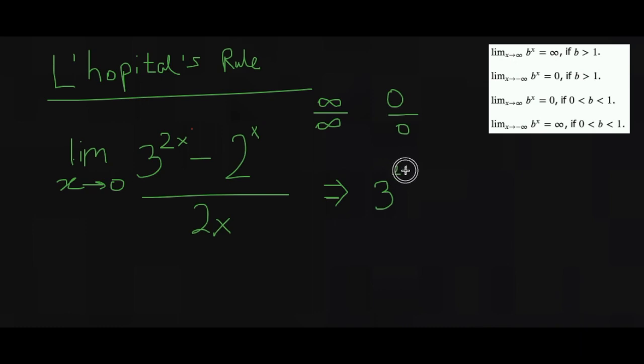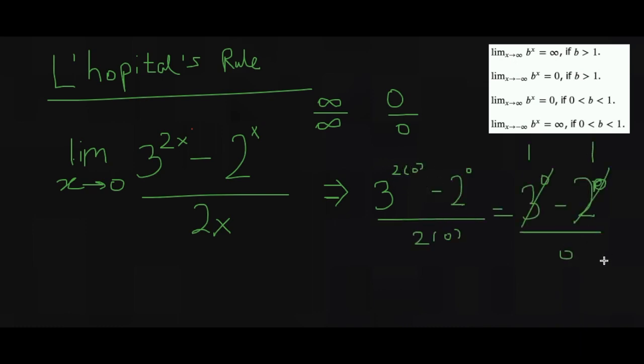So 3 to the 2 times 0, minus 2 to the 0, over 0, which gives you 0 over 0. That is one of our indeterminate forms, in which case we can use L'Hopital's rule. Usually it's used when you have just infinity over infinity or 0 over 0, when you try to plug in your x value and you end up getting one of these forms. That's when we can use it.